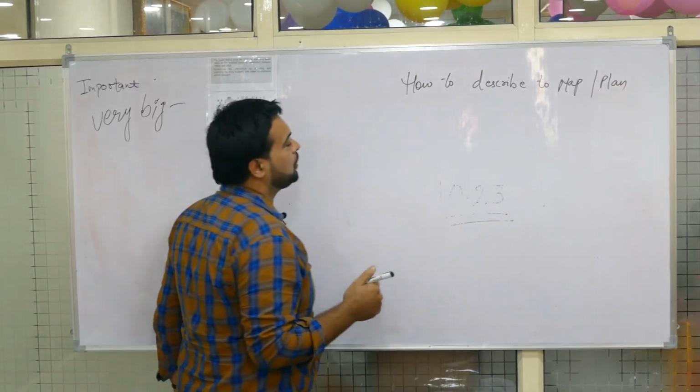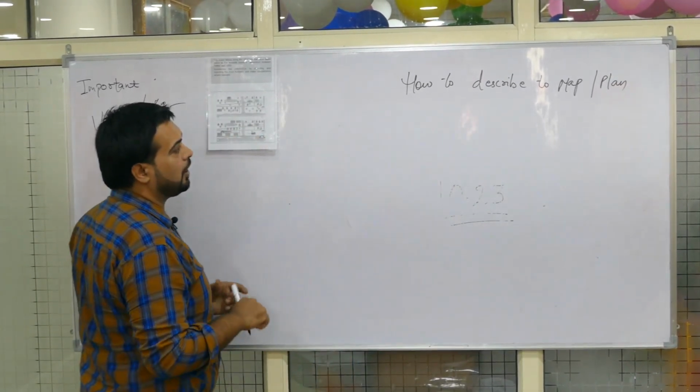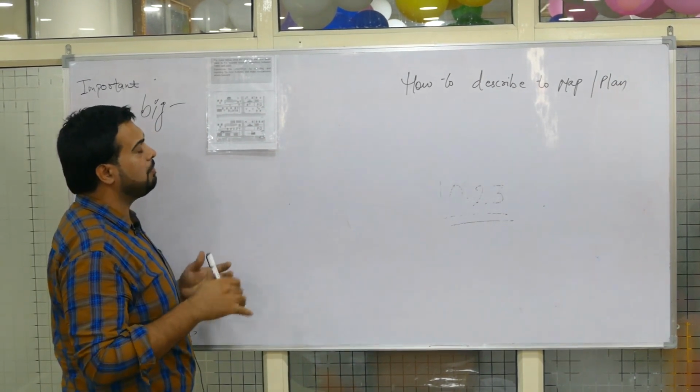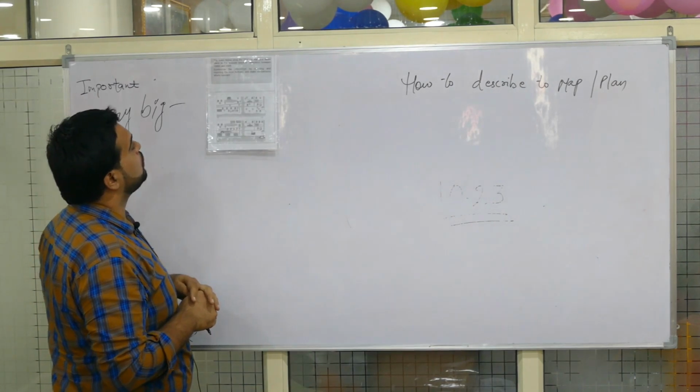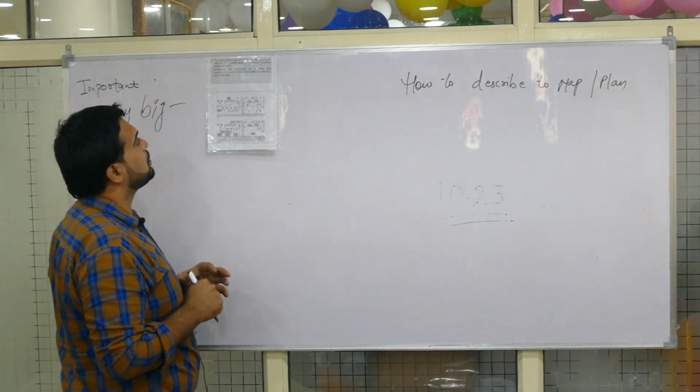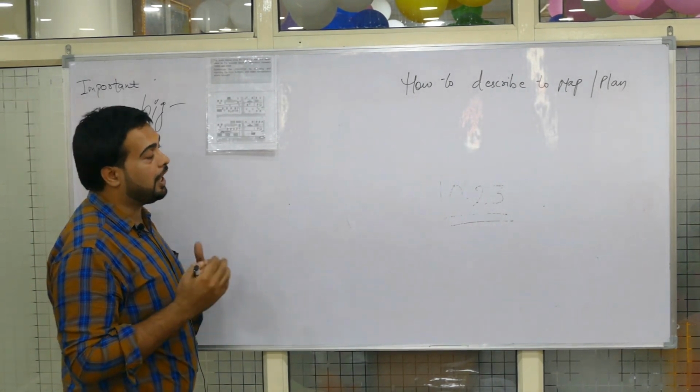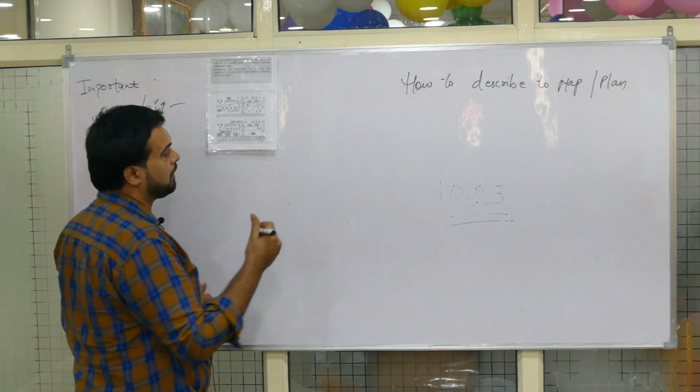So today we're going to describe how to describe a plan or map that is usually given in the examination. What are the basics of a map to get a score of 9 in writing task 1, and what do we need to do in the basics of that?